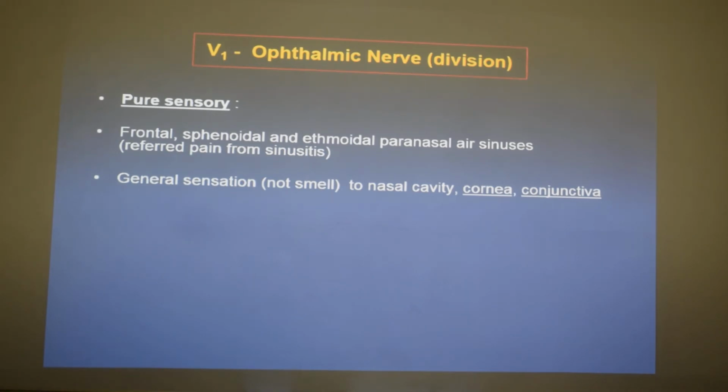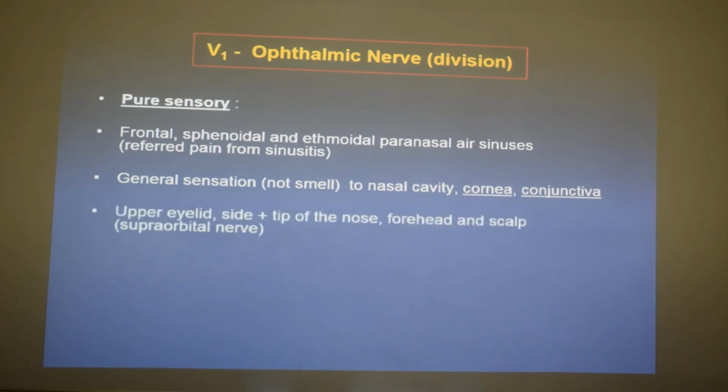Part of the nasal cavity is also supplied by the maxillary division, but most of the interior part of the nasal cavity is supplied by the ophthalmic division. The upper eyelid, the bridge and the tip of the nose, the forehead and scalp are also supplied by the ophthalmic division. Now let's just concentrate on these parts.